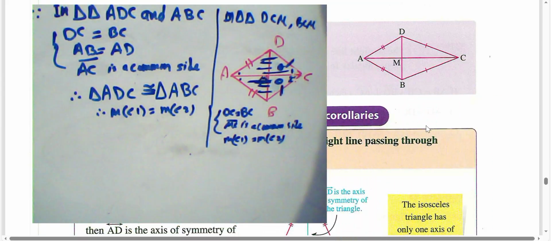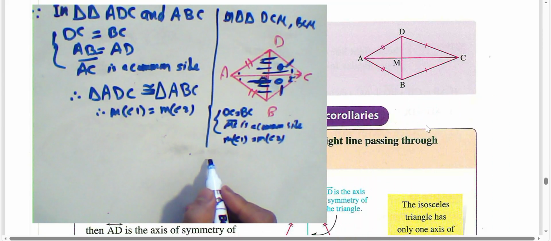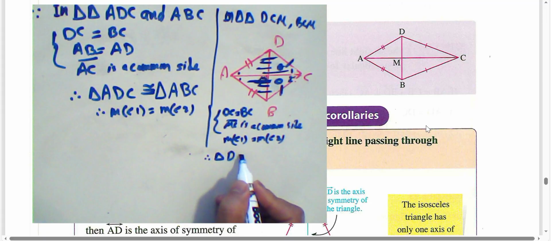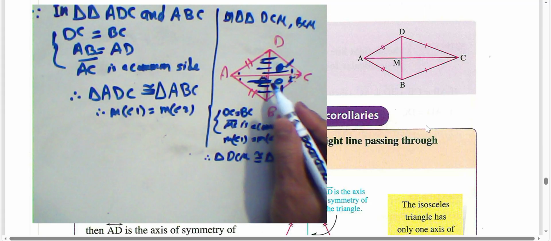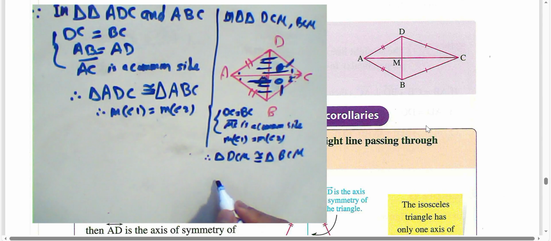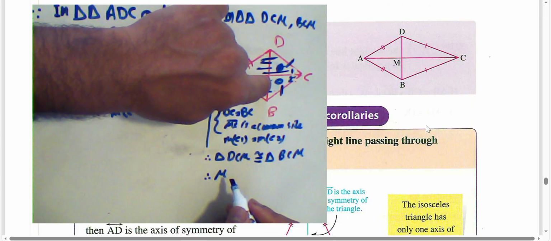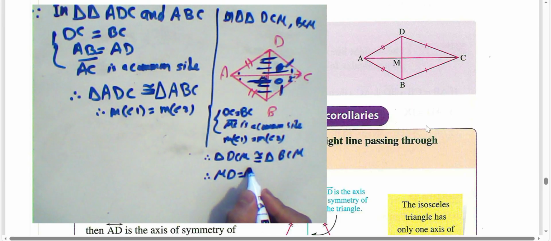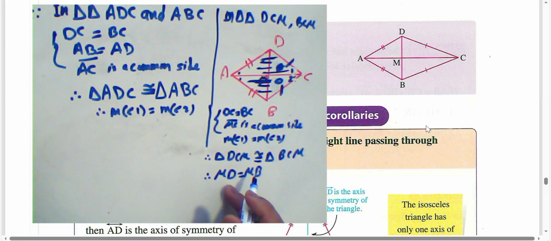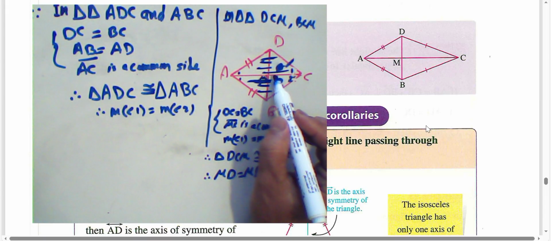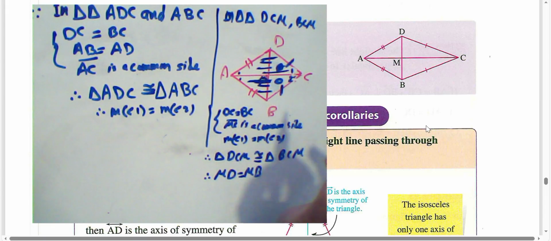Then the two triangles here will be congruent. Then triangle DCM is congruent with triangle BCM, and then MD will be equal to MB. So M is the midpoint between D and B.